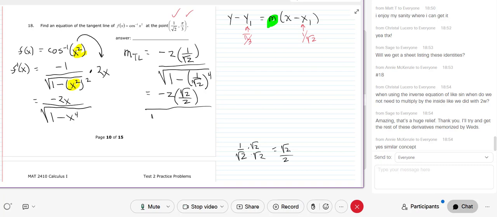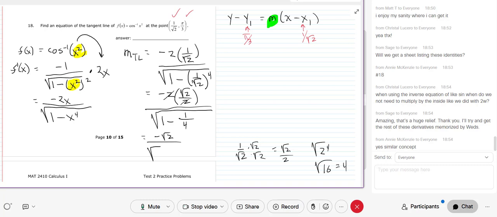In the bottom, you'll have the square root of 1 minus. 1 to the 4th is 1. The square root of 2 to the 4th is the same as square root of 16, so that's equal to 4. So that's going to give you the 1/4. That will cancel the 2's out, so you're going to be left with negative root 2.